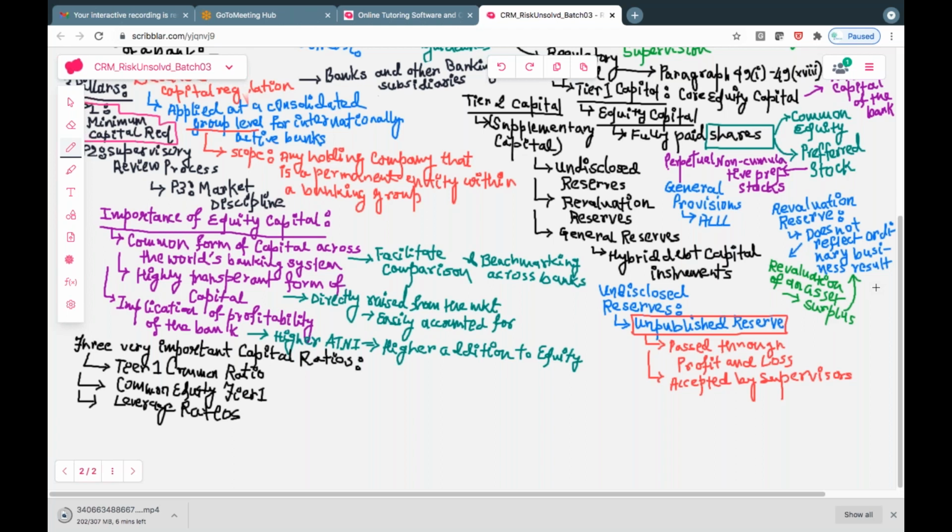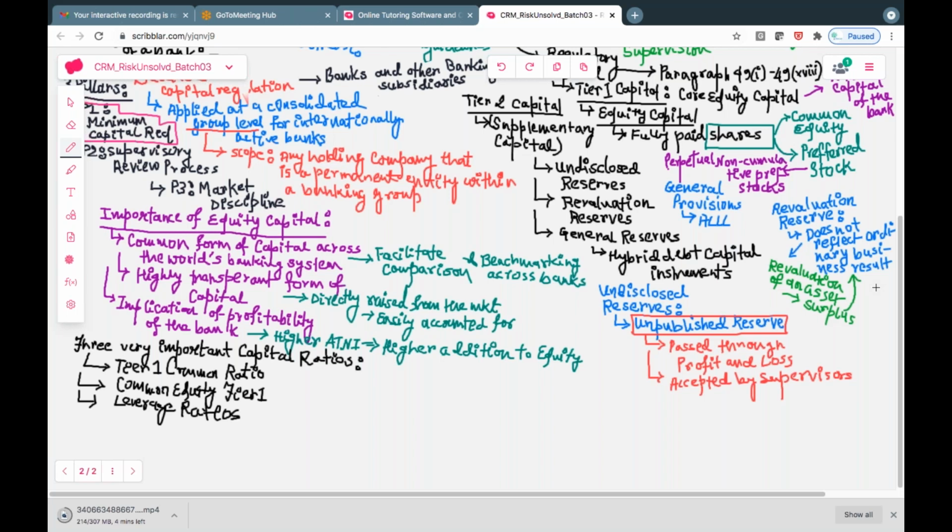So given that this tier one capital is such a core form of capital, what we do over here is we try to look into the important capital ratios, right? Now the next thing that we spoke about is that because tier one capital is such a core or pure form of capital, it is very important that we look into this capital.